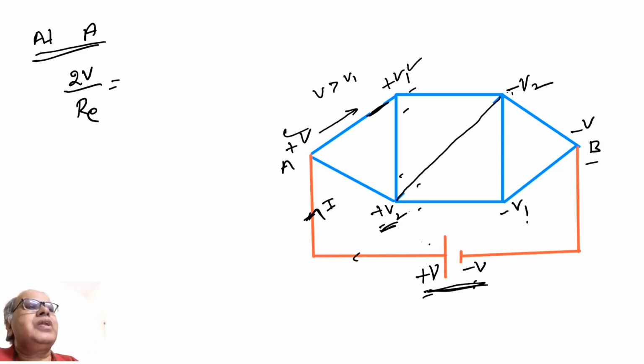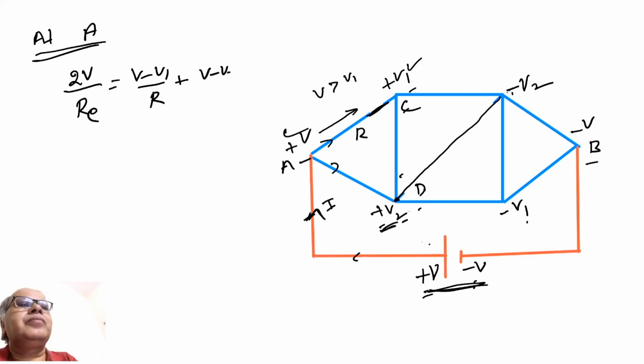Now currents are dividing. Say I can put some point C, point D here, into AC and AD. This point is D. So I'll write V minus V1 by R. R is the resistance of each wire, plus now V minus V2 by R.